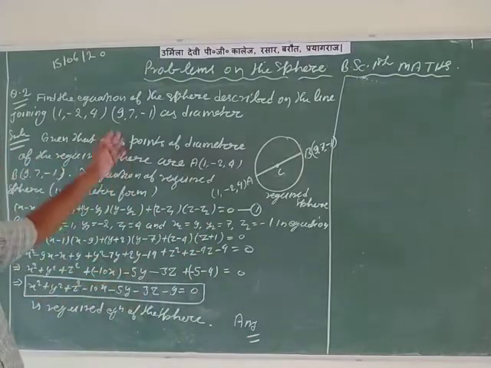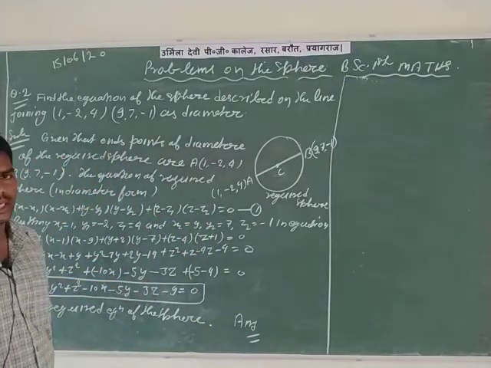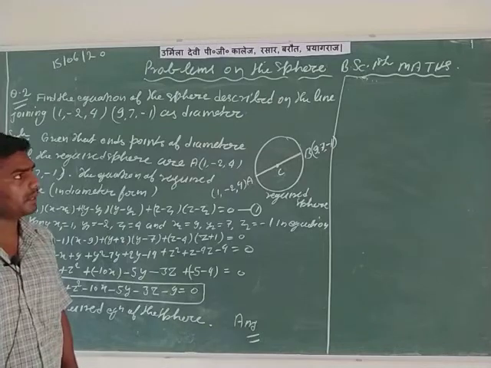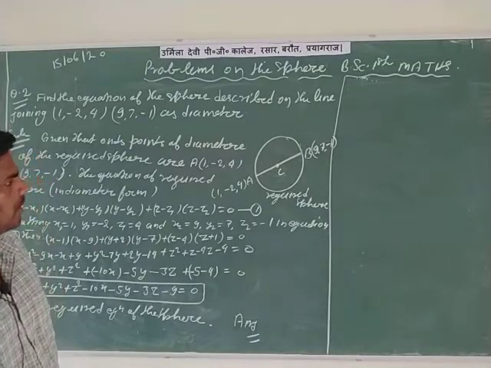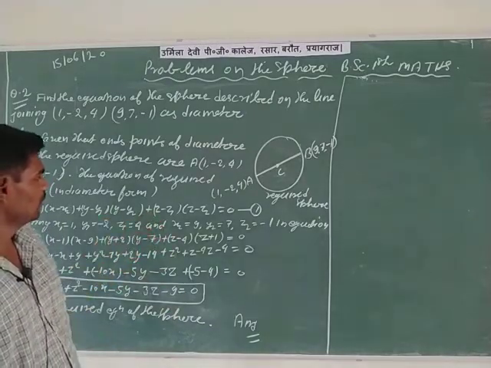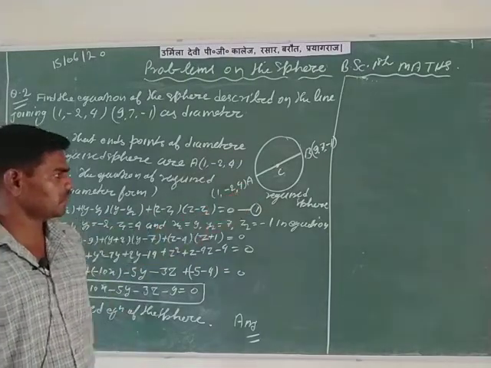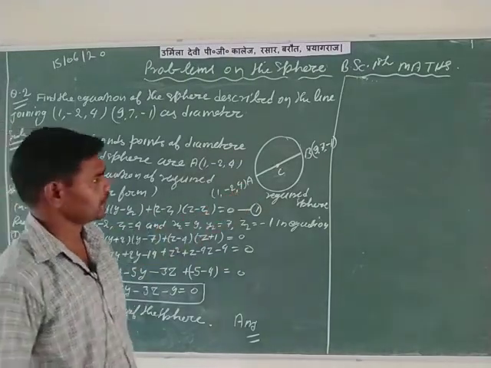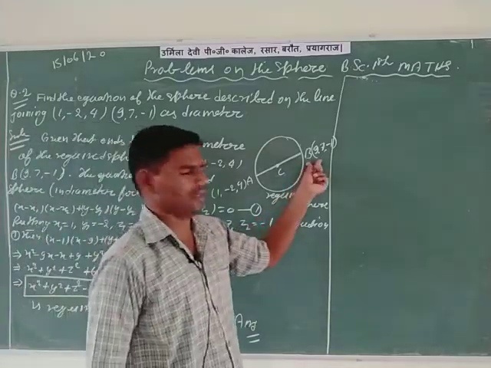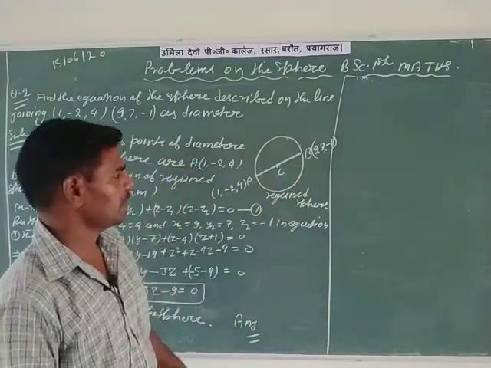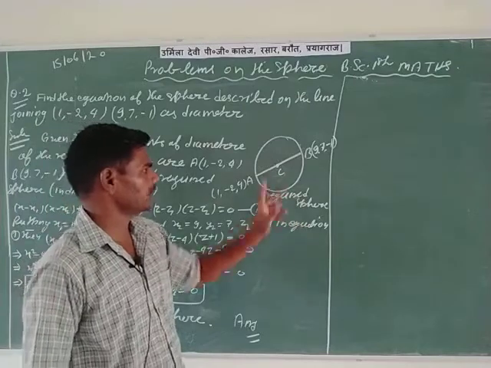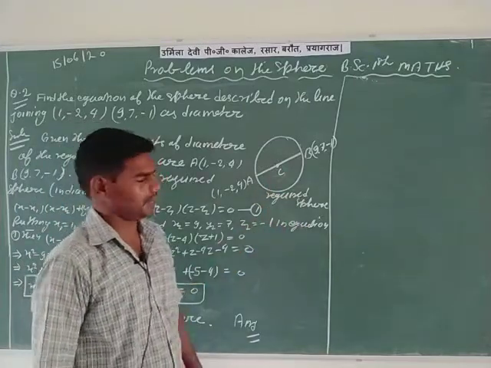In the question second, given that coordinates of end points of the diameter of the required sphere. So first write the symbol of first point capital A and the given second point is capital B. Here AB is diameter of the required sphere and C is center of the sphere.